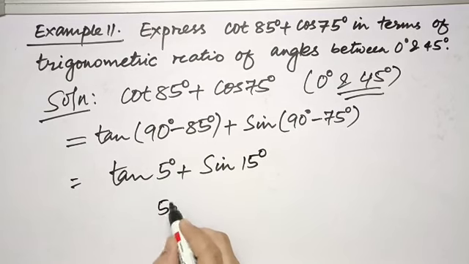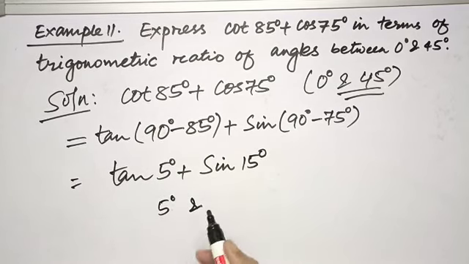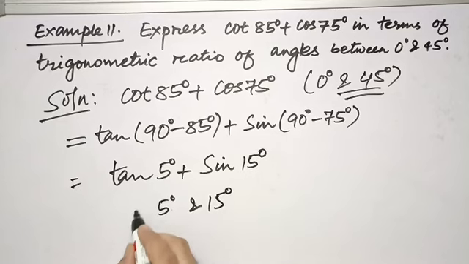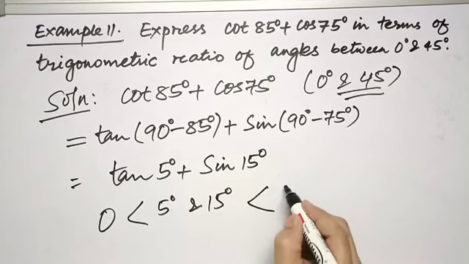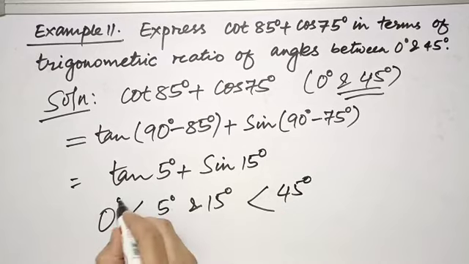So 5 degree and 15 degree are between 0 and 45 degree, isn't it? So this is very easy and we have just completed it.